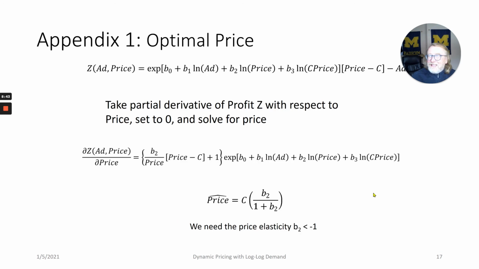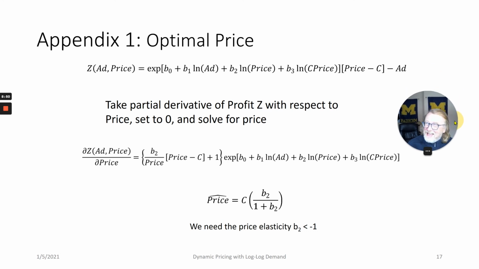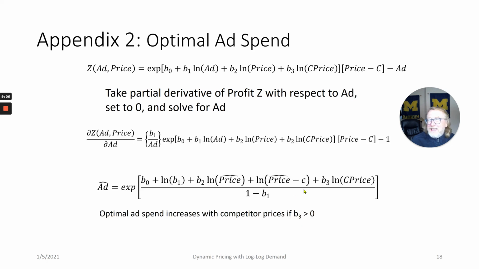All right. So if you know calculus, and you're very fortunate, you can just work out what the optimal price will be if you have this profit function. You just take partial derivatives, set them to 0, and you find price is the multiplicative markup model. If you take a look at ad spend, it's a little bit more complex, but you still get a nice equation out.